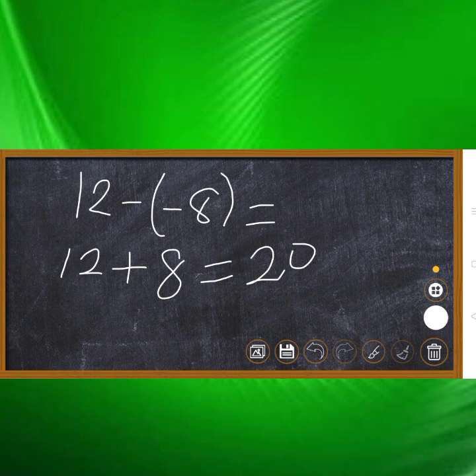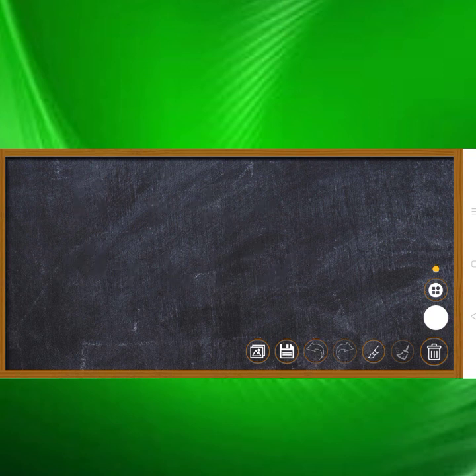Okay. Another example. Negative 5 minus positive 2. Okay. So, keep the minuend, negative 5.